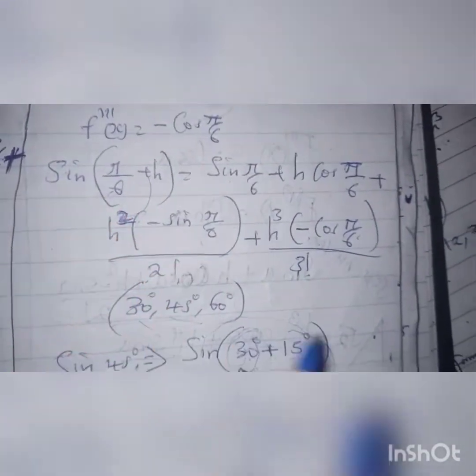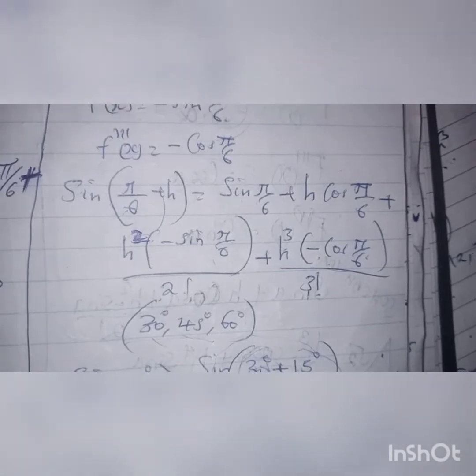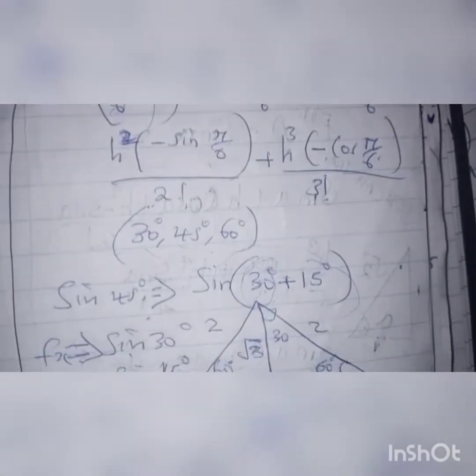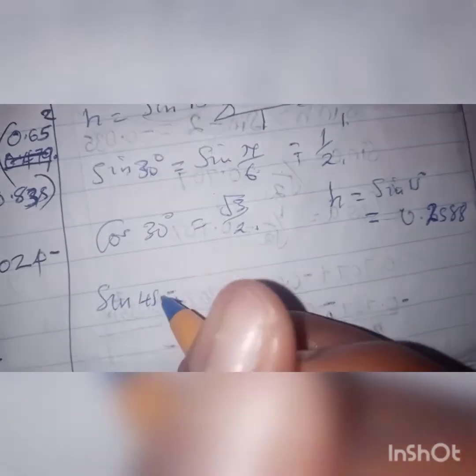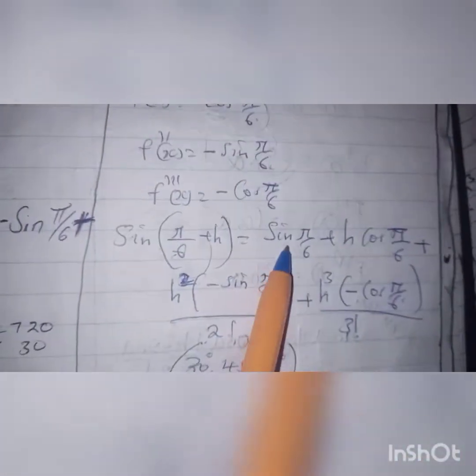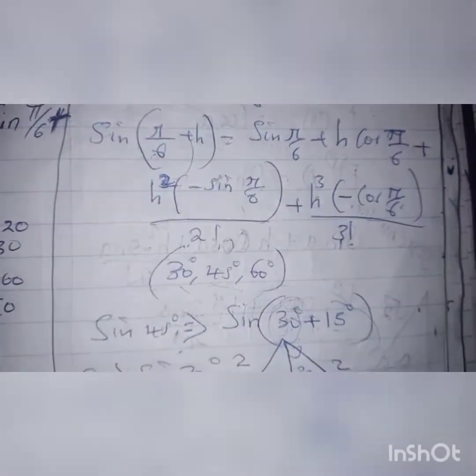Now let's use this function to determine the sine of 45. Our function here is sine. For sine of 45 degrees, you take the function of x, sine pi over 6, sine 30.